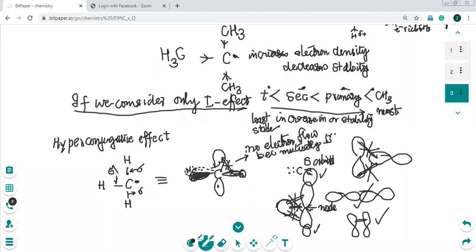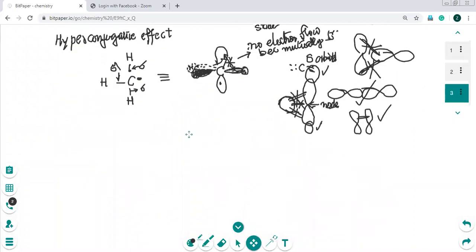Now let me write another one. This is methyl. Now let us write the ethyl molecule. See here. I have a CH2, one orbital here. Let me write the ethyl. This is one carbon. This is one hydrogen.